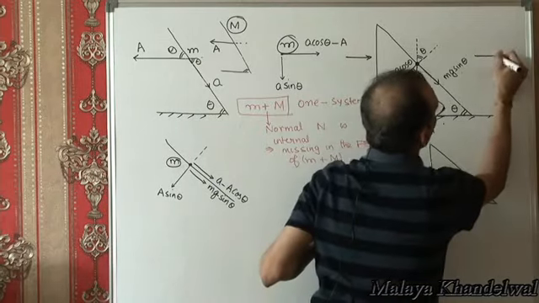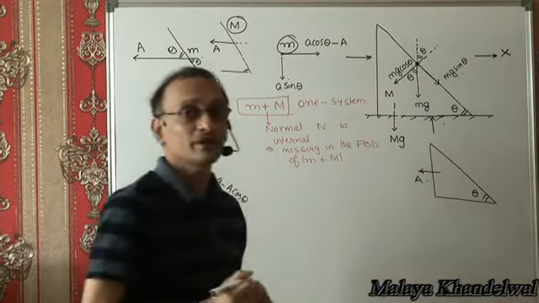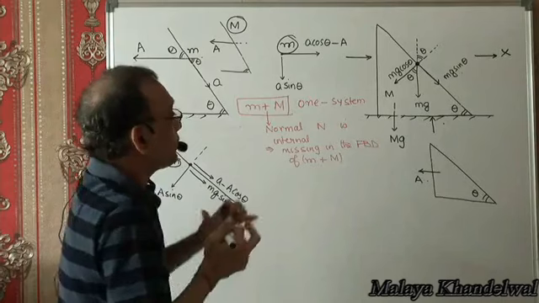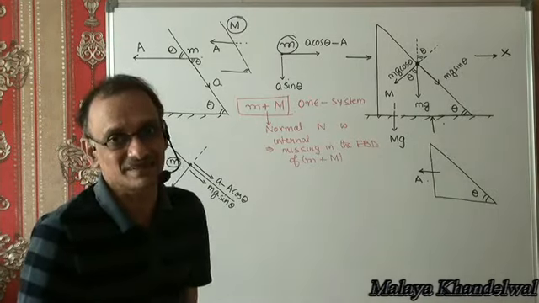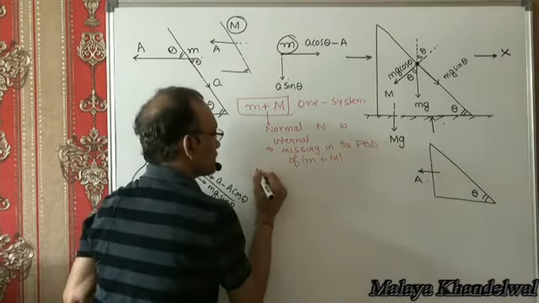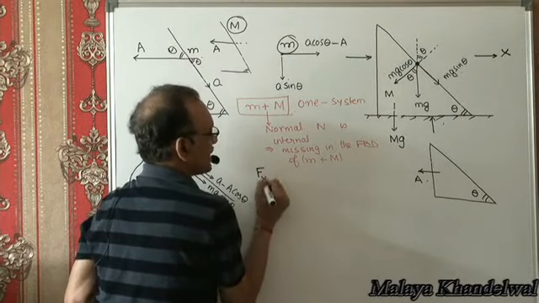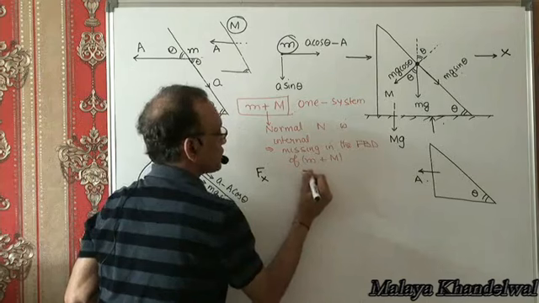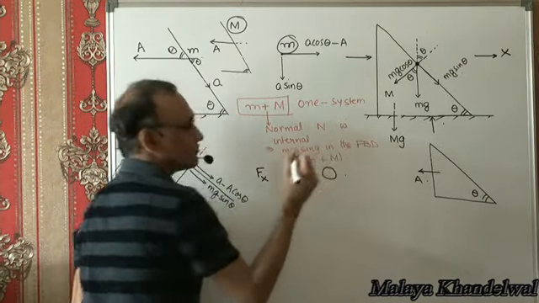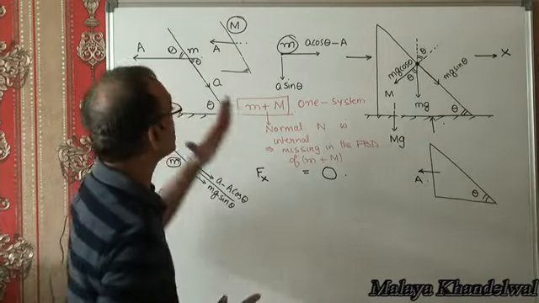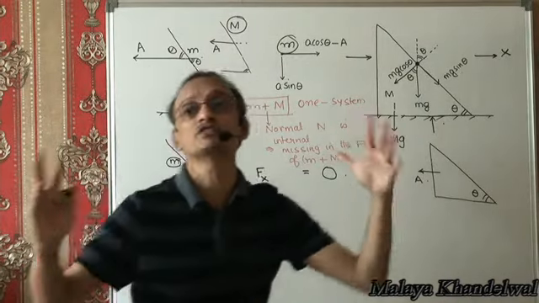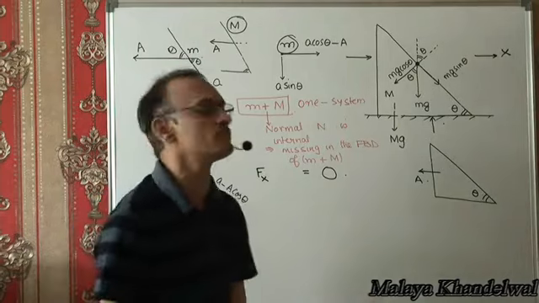So if this is my horizontal direction, then if I look upon capital M plus small m as one single system, then generalized second law means Fx in this direction must be 0. Net of all forces. Normal reaction between small m and capital M will not feature in this. Why? Because that's an internal force.